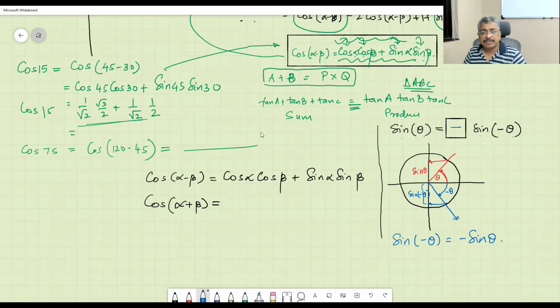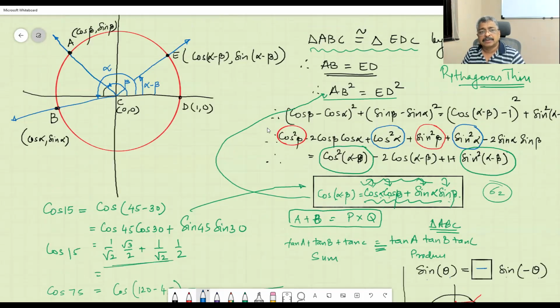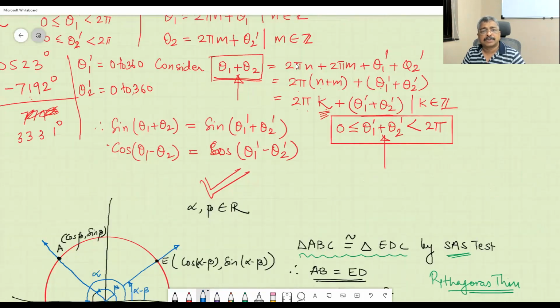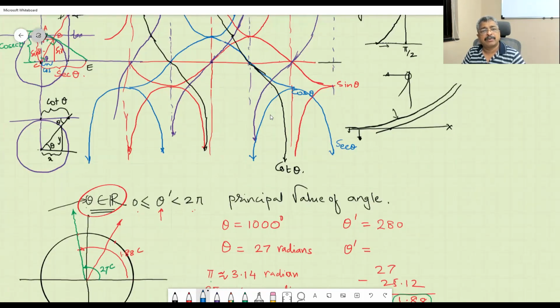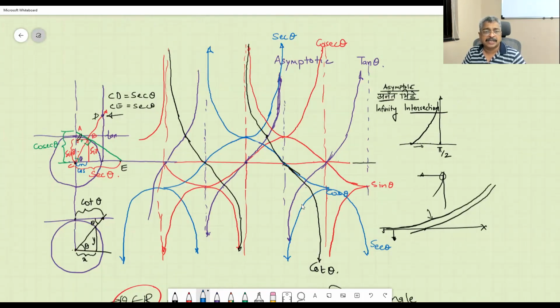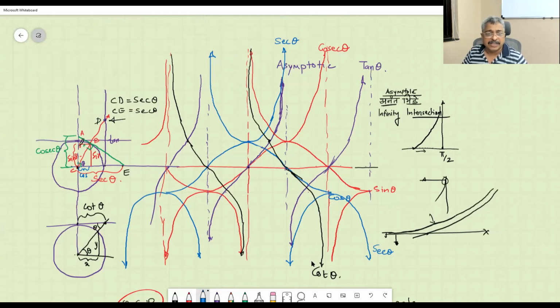That is again visible and easy to understand if you go through the graphs. If you go through the graphs, which hopefully I have upstairs, yes. What is sine? Sine is this red curve. Suppose I take this value of theta, I look at this point, this is my sine value, the y coordinate.